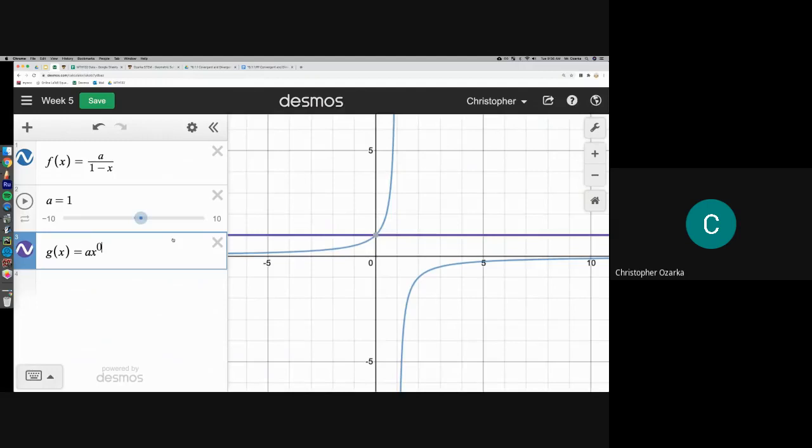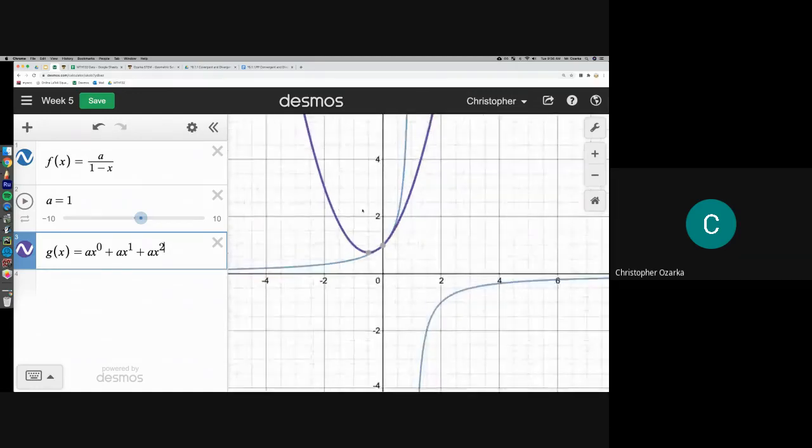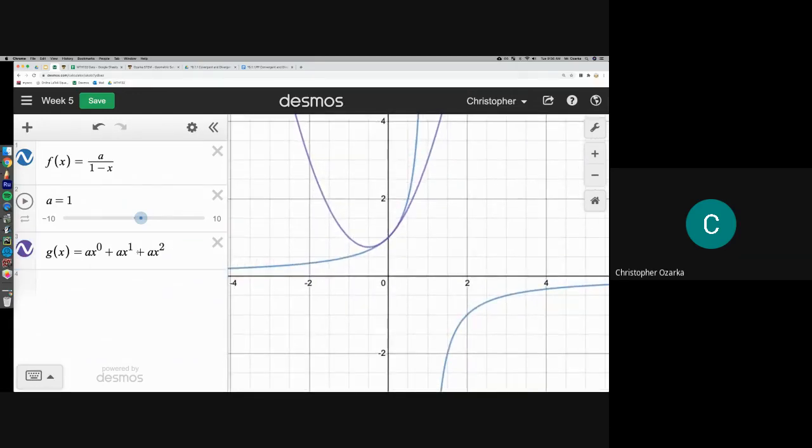Ax to the 0 plus ax to the 1 plus ax squared. Anyone notice anything happening here? If you don't, just chime in if you figure something out. Ax to the 3rd. Anyone notice anything yet?